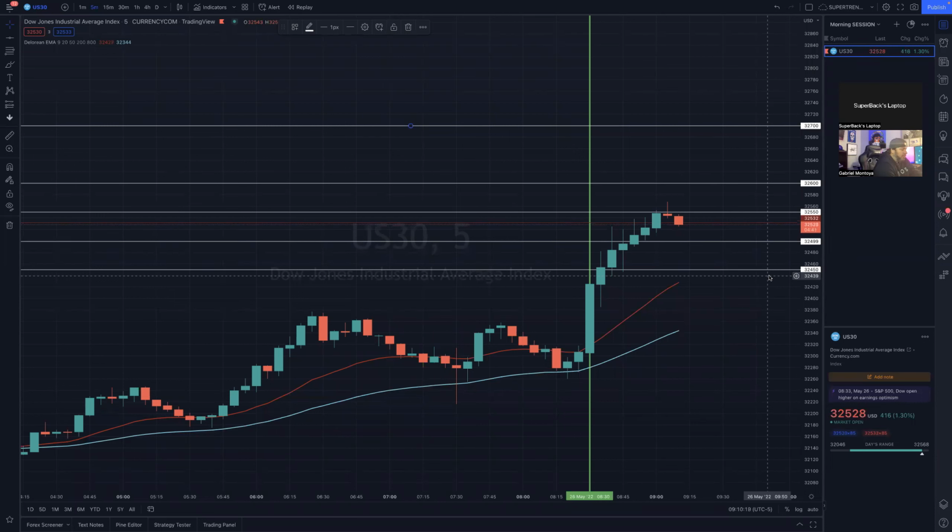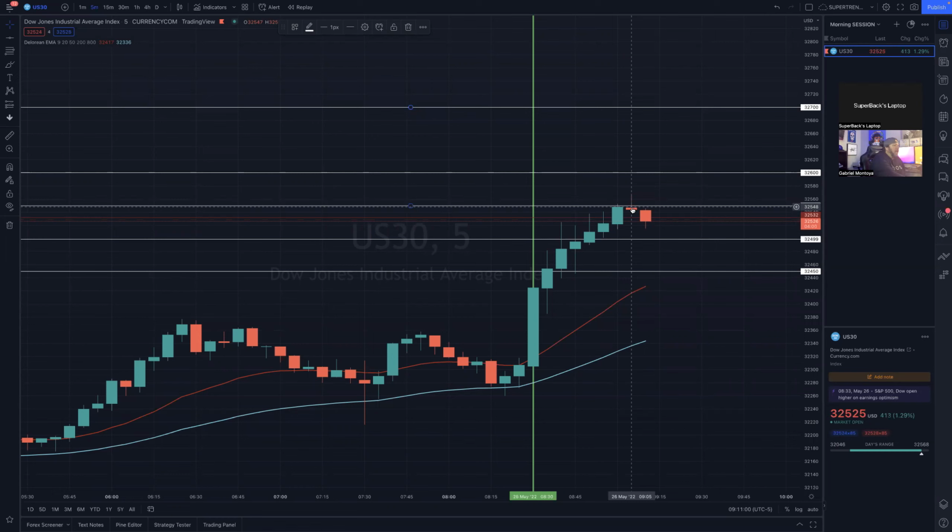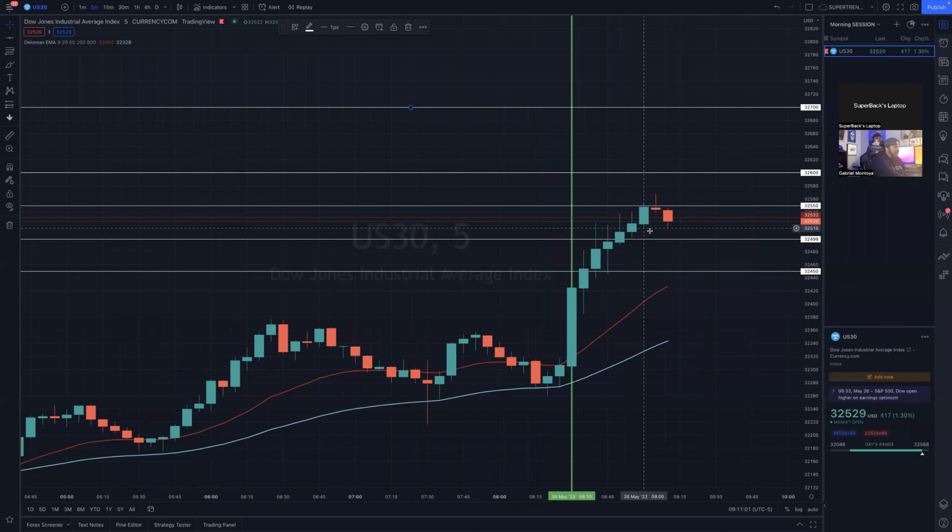Okay, so again, like I said, she's going to pull back. She's going to breathe a little bit. She's inside this zone right now. She came here, hit this zone, wicked above, came all the way up here, gave us 11 points, and then she closed below, which tells us she's not ready to move to that next level.